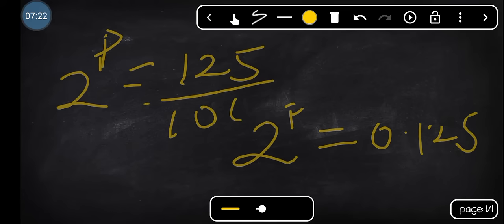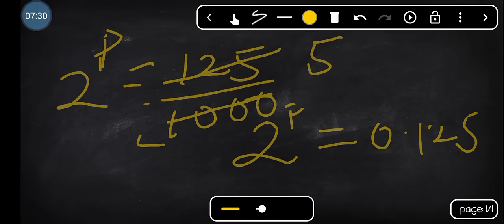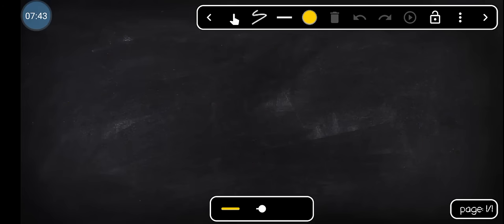Dividing by 25, we have 5 over 40, then 1 over 8. So you are having 1 over 8.